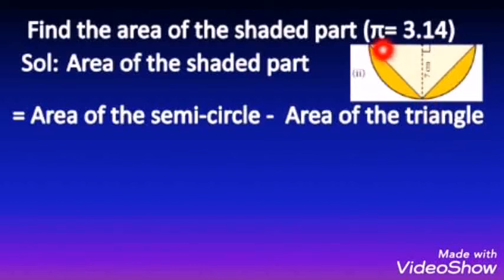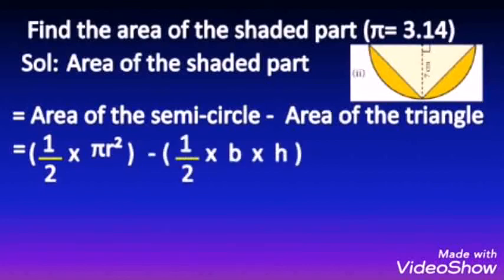First we have to find the area of this semicircle, then the area of the triangle. Then from the area of the semicircle, you have to subtract the area of this triangle, which is equal to half into pi r square minus half into b into h square units.